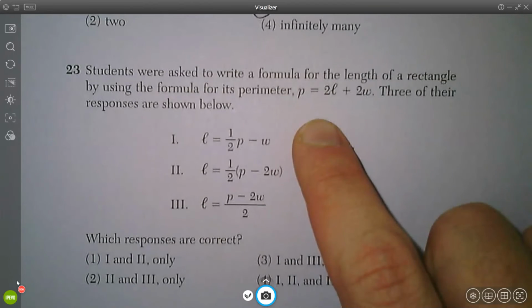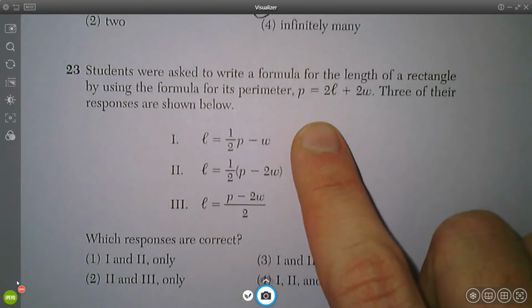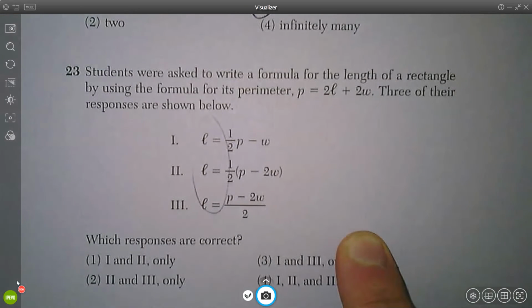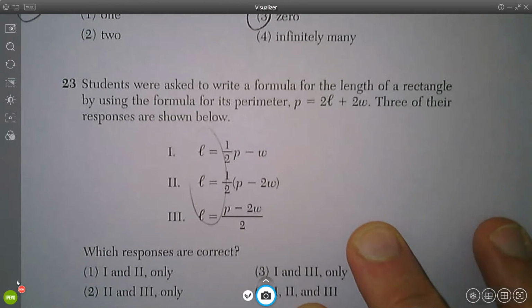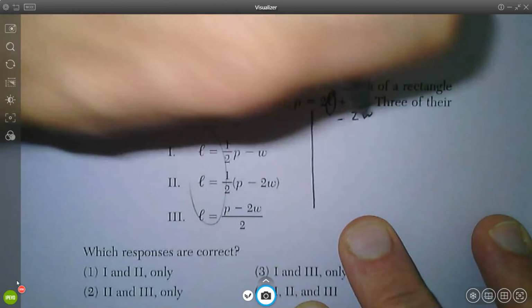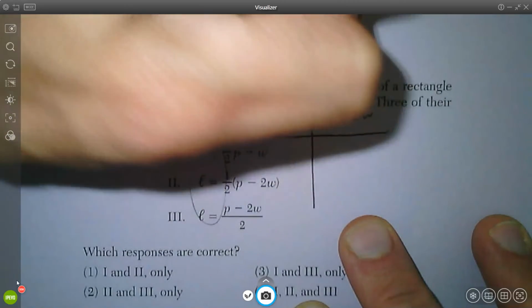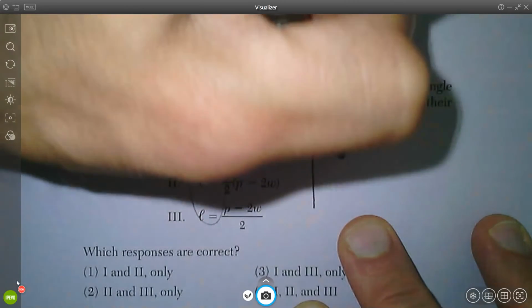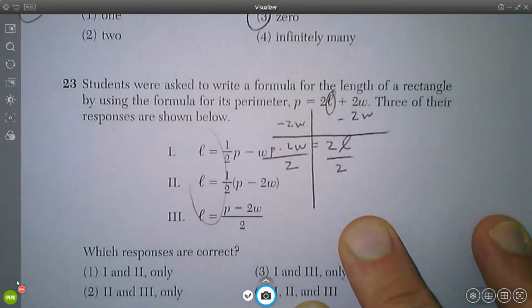Okay, 23, they're asked to write the formula for length by using this formula. So you'll notice they solved for L in all of these. So you're trying to figure out how they did this. All right, so if you solve for L, minus 2W, P minus 2W equals 2 times L, divide by 2, divide by 2.